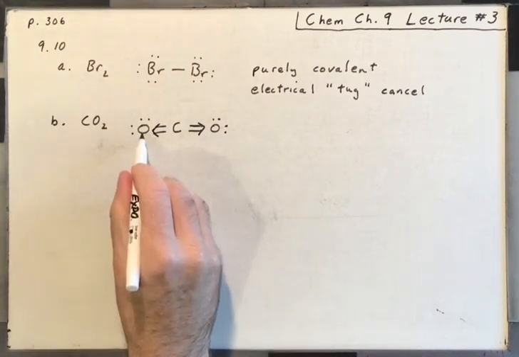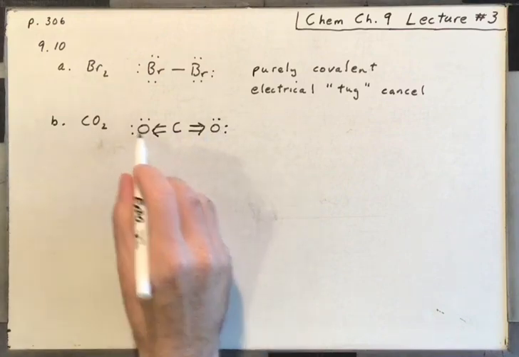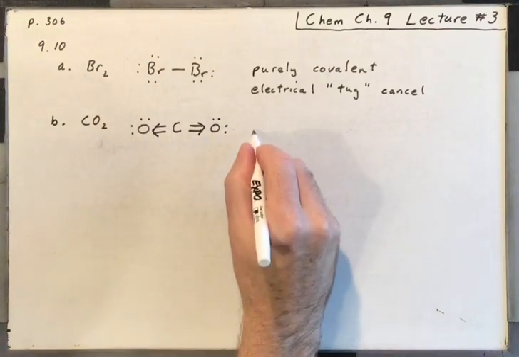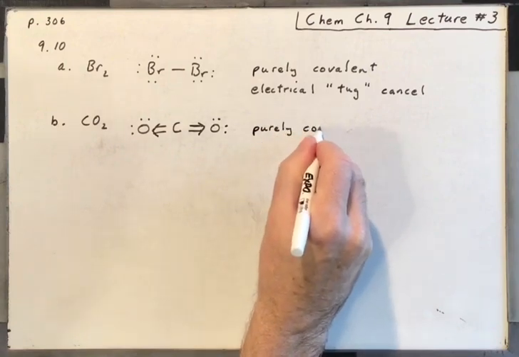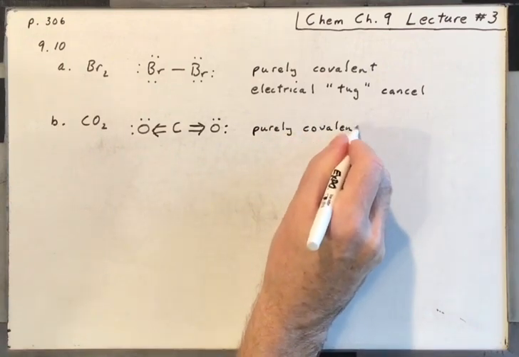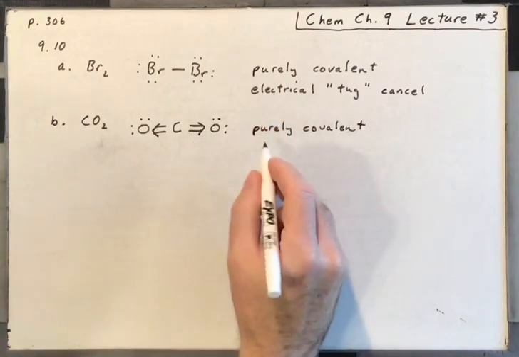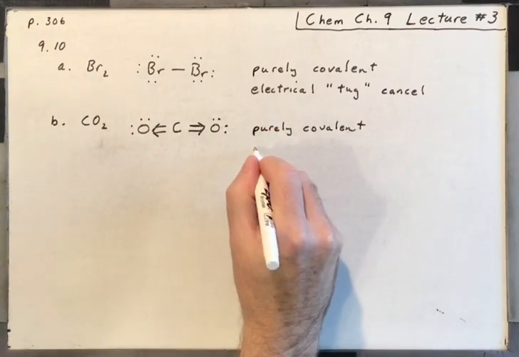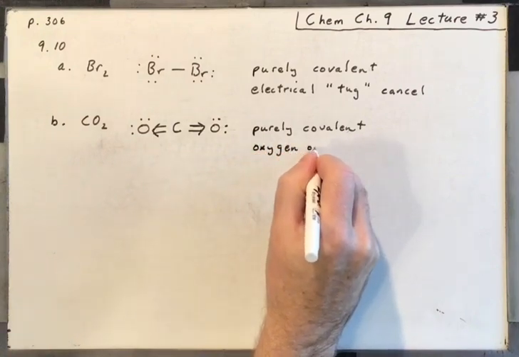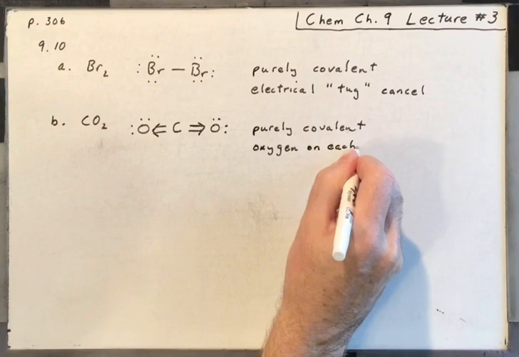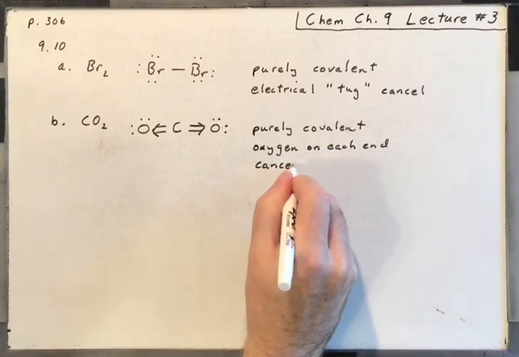So it will have polar bonds. However, because it's the same oxygen on each end of the molecule, it would be purely covalent. Because just like before, the electrical tug cancels, all right? Oxygen on each end cancel each other out.